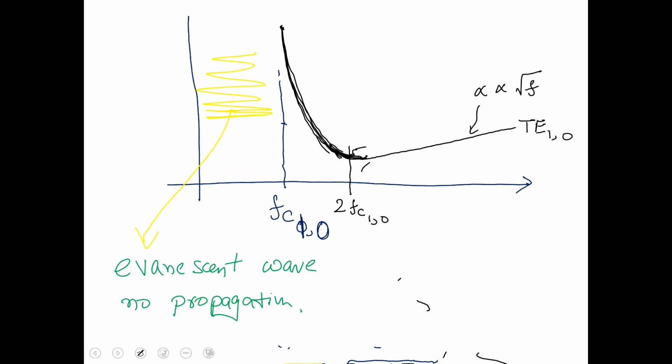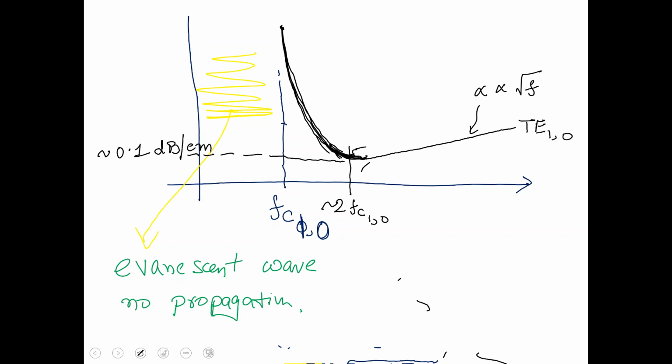So the loss drops very quickly, and approximately at twice the cutoff frequency you're going to get the minimum loss. Typically for the waveguides we design, this loss is very, very low, normally of the order of 0.1 dB per centimeter.